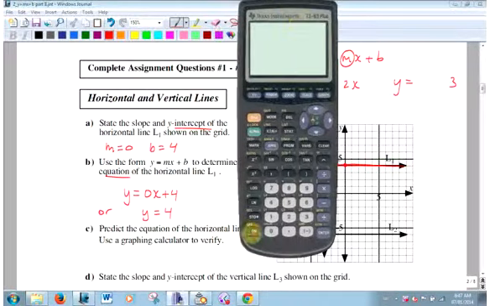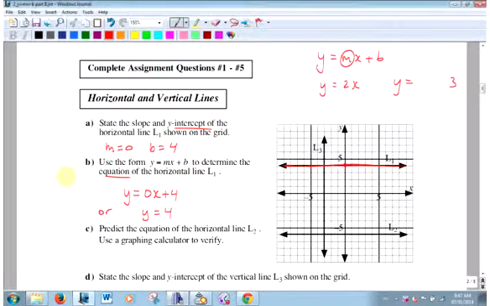Anyone got one of these? Y is 4. There it is. Okay? So let's think about that for a sec. This says y is 4. And some people go, oh, well, where's x? There isn't one.